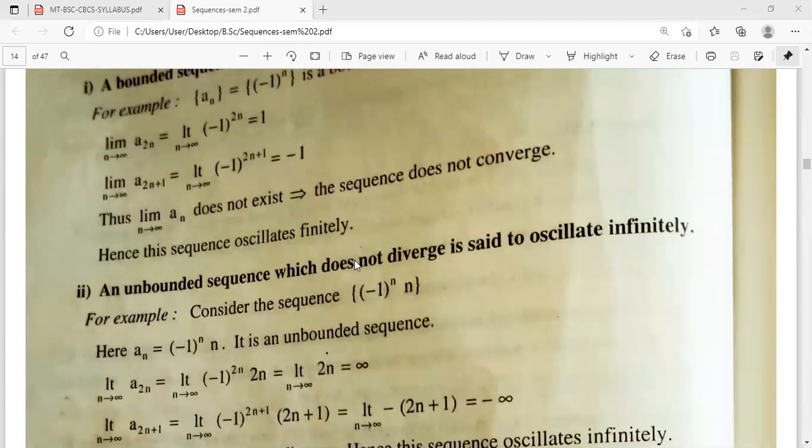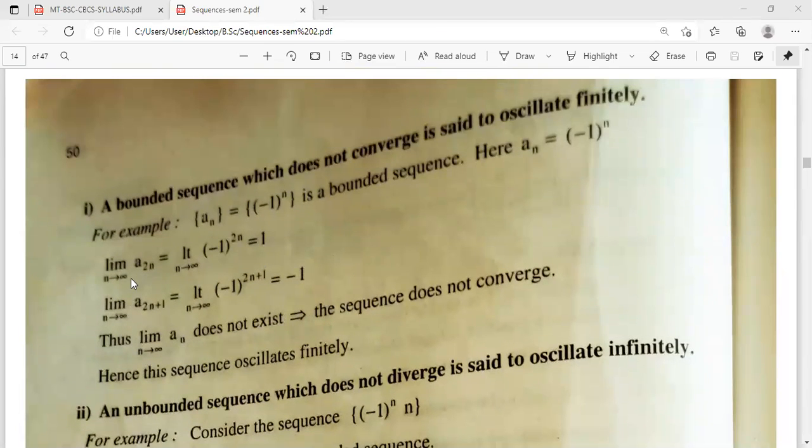Now you can verify the limit of a_2n as n tends to infinity. a_2n means that wherever n is there, it is replaced by 2n. So we get the limit of minus 1 to the power 2n as n tends to infinity. 2n takes 2 into 1, 2 into 2, 2 into 3, so we get even numbers.